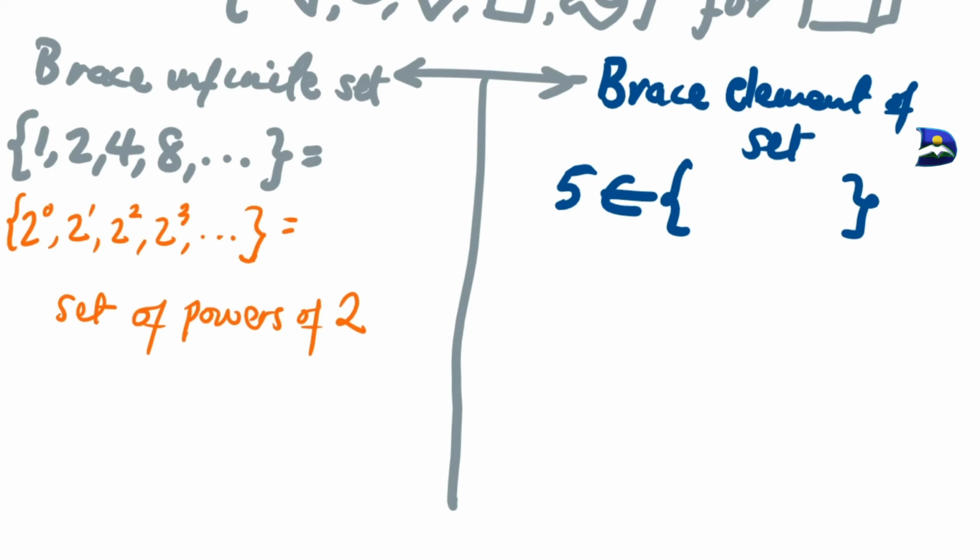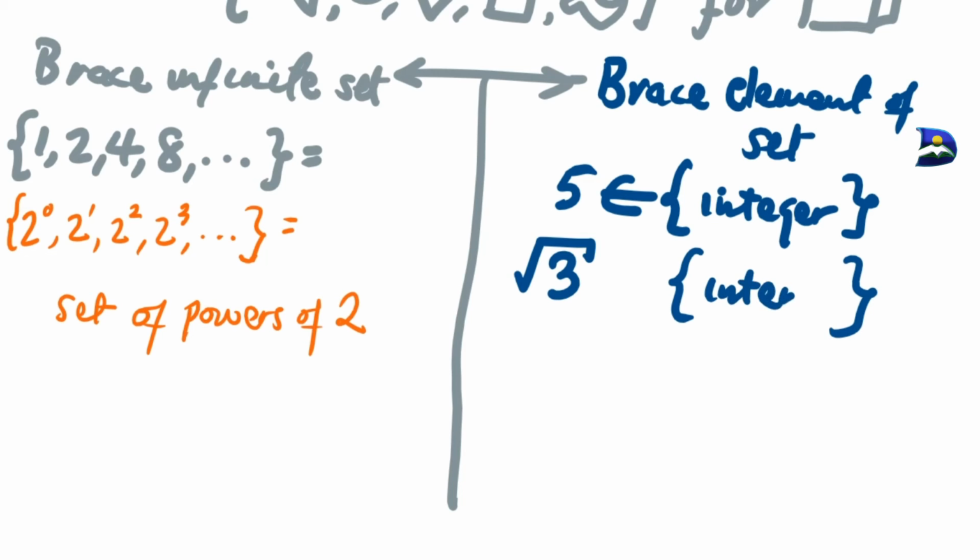We can say that yes, 5 is an integer, and integer indeed is a set, and this set here is expressed as this bracket with the twisted ends for a specific category. Another one here is square root of 3, and in this case, is it or is it not an integer? You all should have the answer, which is it is not an element of integers, and so therefore set of integers. So that is how you're able to express brace in terms of element of set.